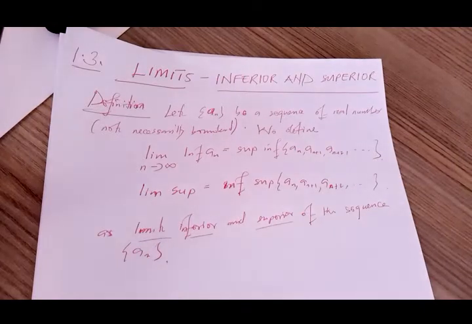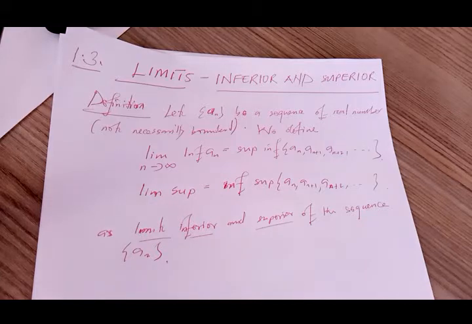So in short, we are looking at the limit superior to be the smallest of the greatest. So if you have a set, the smallest of the big ones is the limit superior. Okay, and then the biggest of the smallest is the limit inferior.